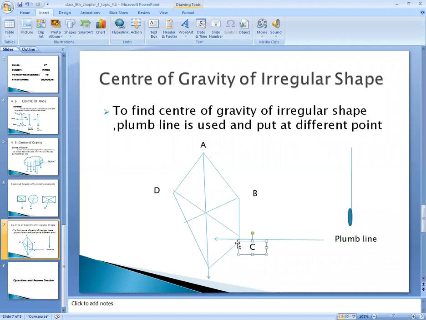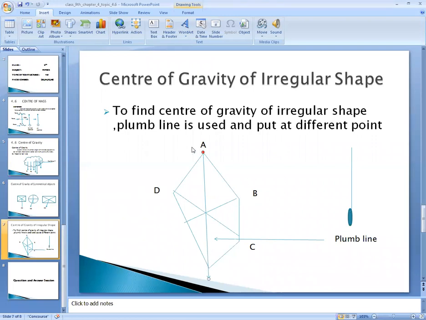Similarly, I pass the nail at point C and then D, and this intersection point is E. So this is the E point. First of all, I pass the nail from this point and attach the plumb line. Then I mark the line over there. This will be a straight line. Then I pass the nail at point B.